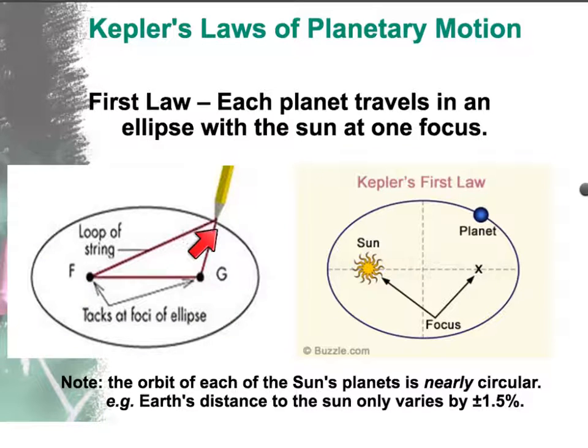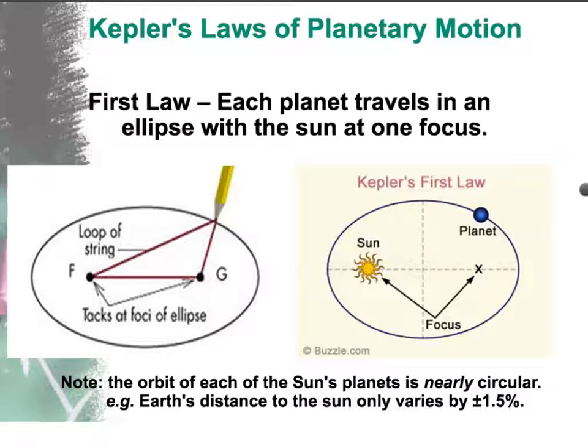Then you have a loop of string, and you tighten the string so that your pencil is at one point, and then it goes around these two thumbtacks. Then you can trace your pencil and keep that loop of string stretched, and the shape that you'll make when you go all the way around is what's called an ellipse. And the thumbtacks are at what are called the foci, which is the plural of focus.